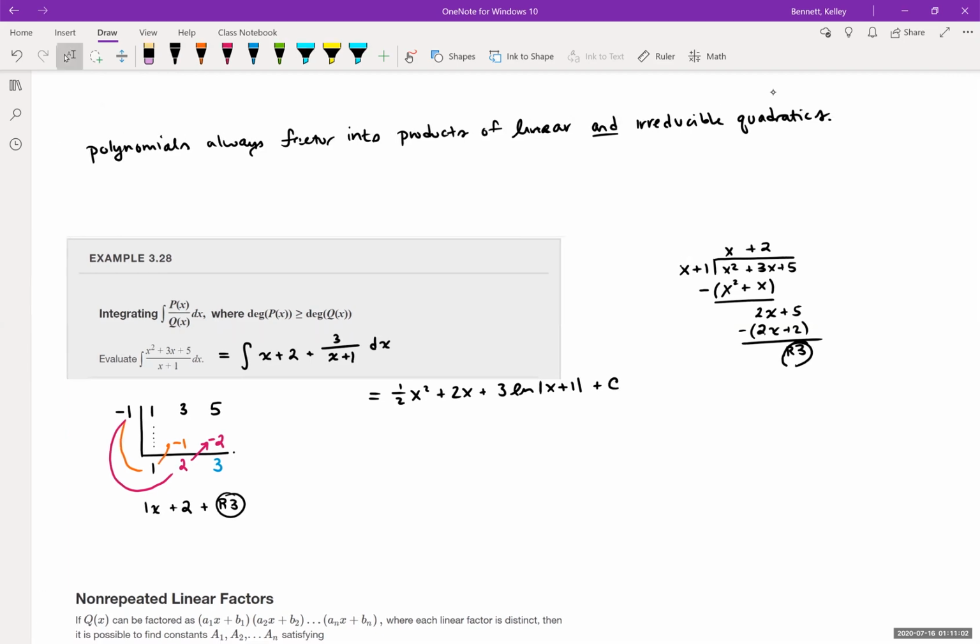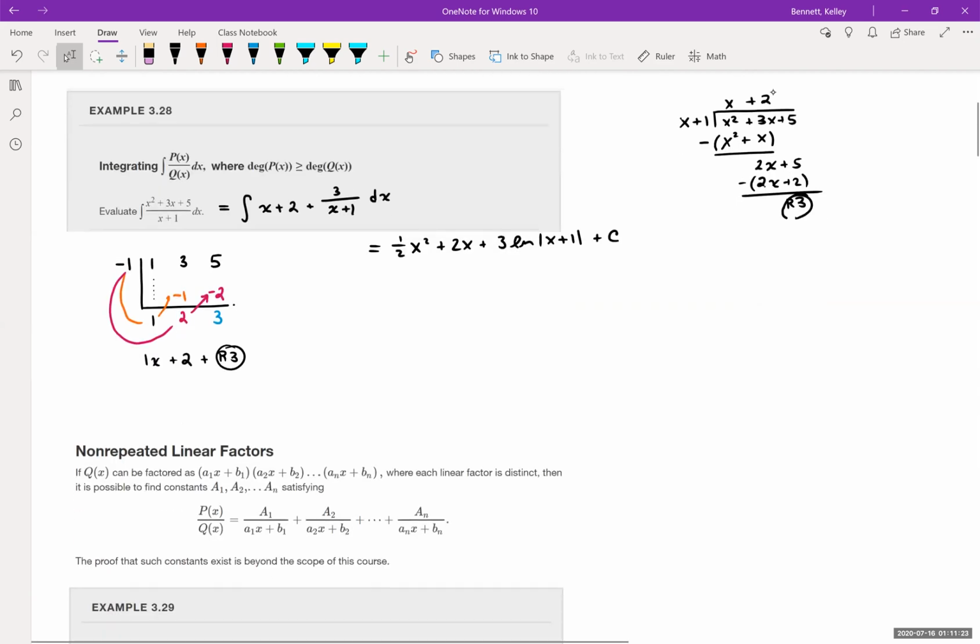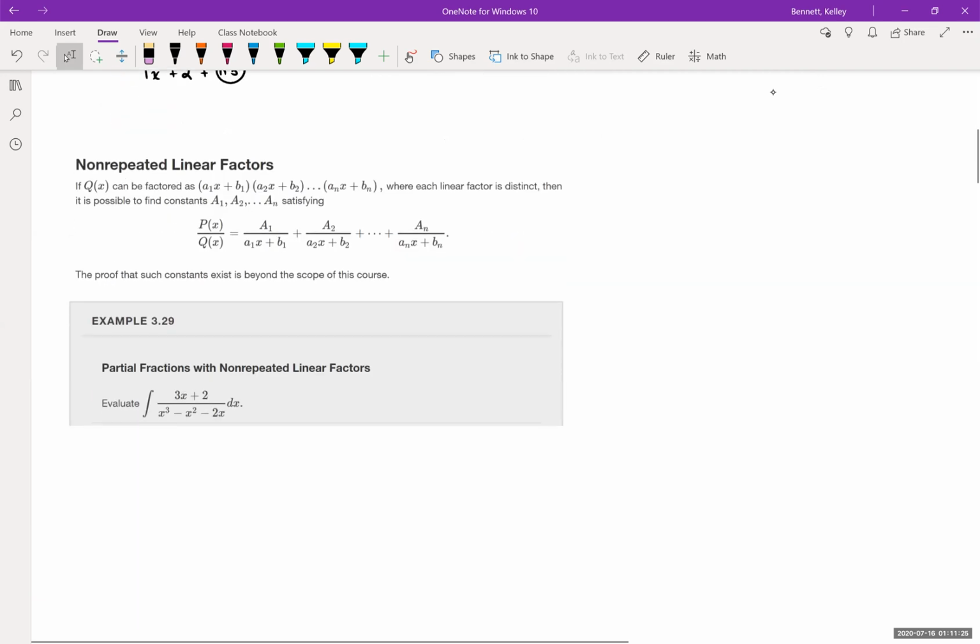So now let's talk about the decomposition part of this. I've hopefully drilled into the fact that we can always break up a polynomial into a product of linear and irreducible quadratics. We've refreshed on polynomial division, either synthetic or long division. And now we're going to learn something new.